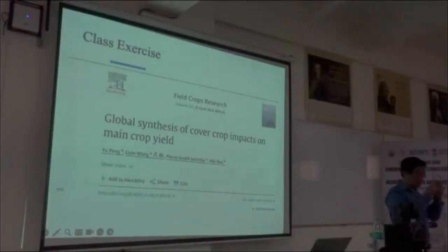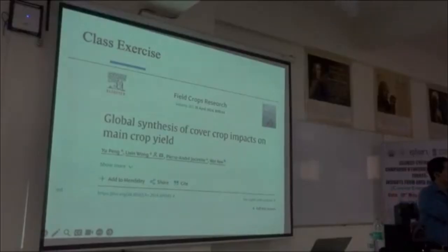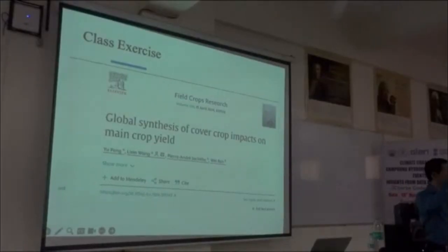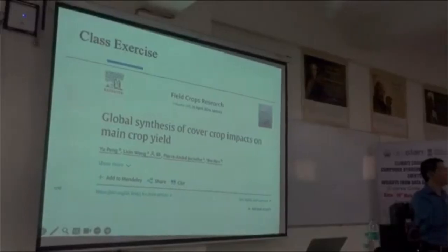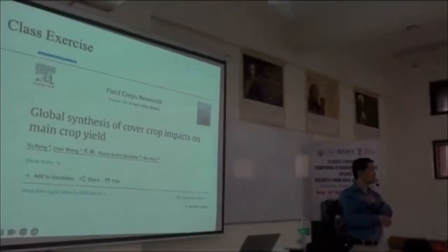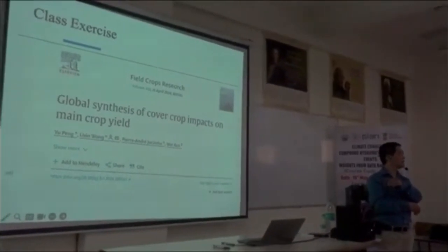There is a data set associated with this paper. That one is already digitized, everything is already done for you. It's already there. We basically just play with that data, and that data table should be part of the file.